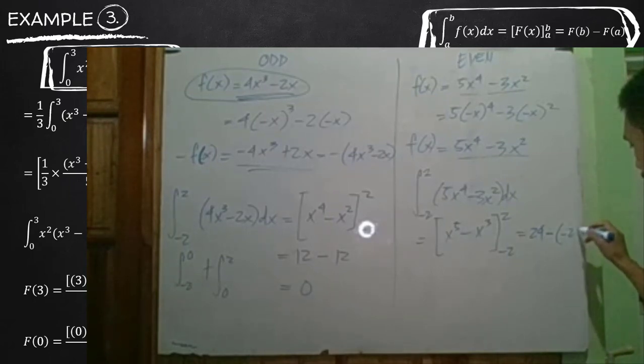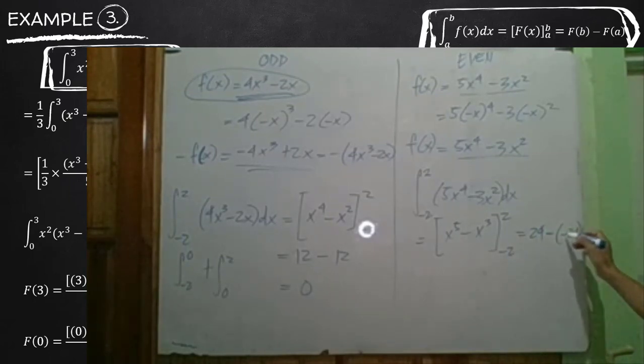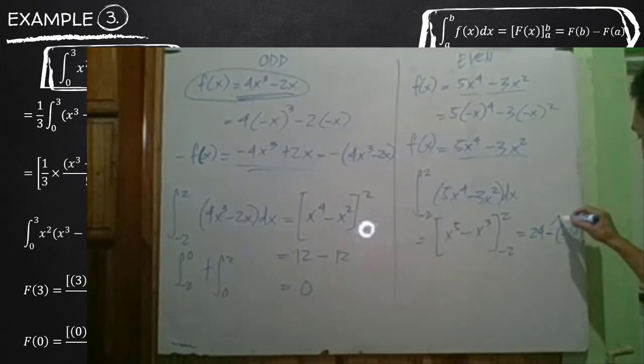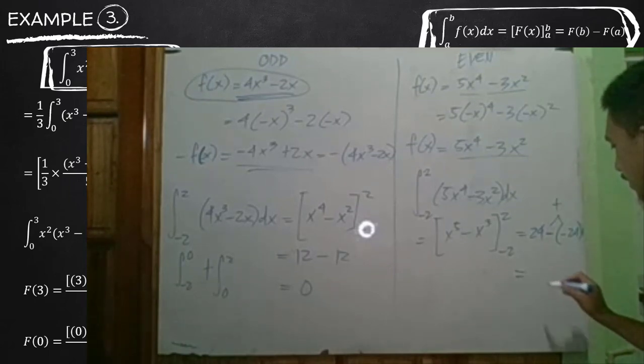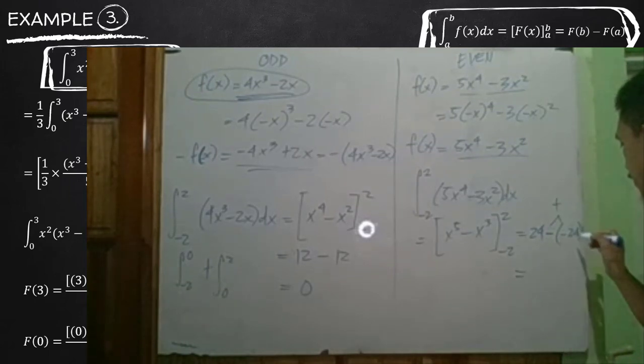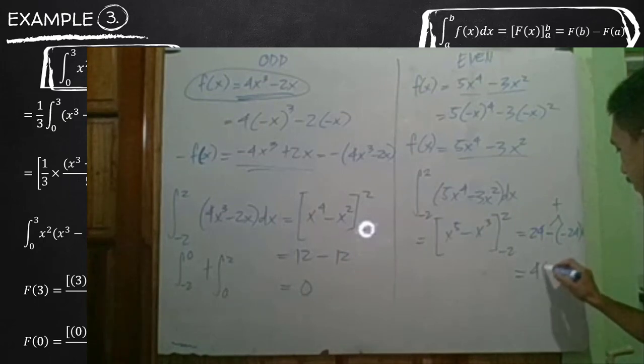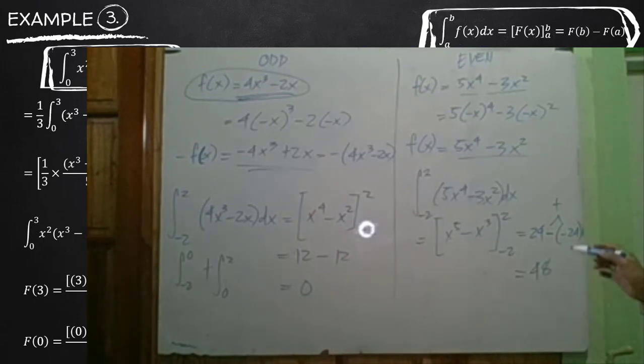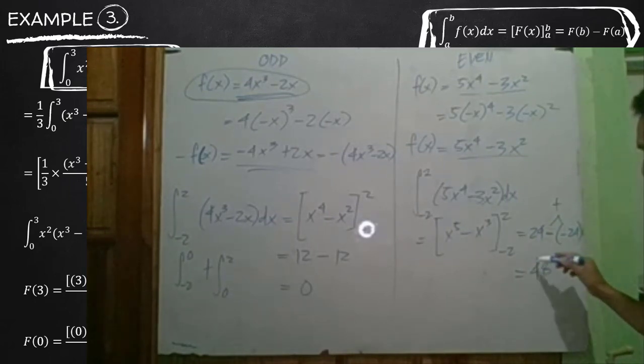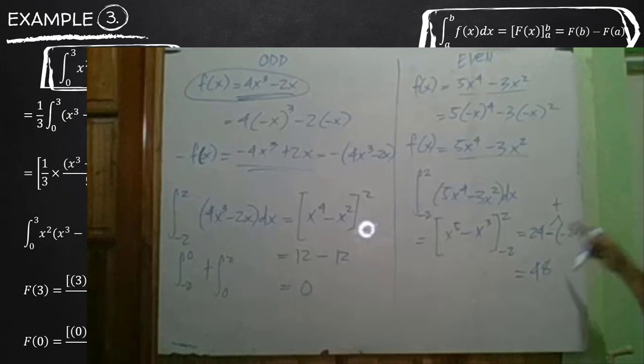And that minus will make it plus, so you will end up here with times 2. So this will be 48. As you can see, they are actually the same value but different signs, so they will end up added together because of that minus.